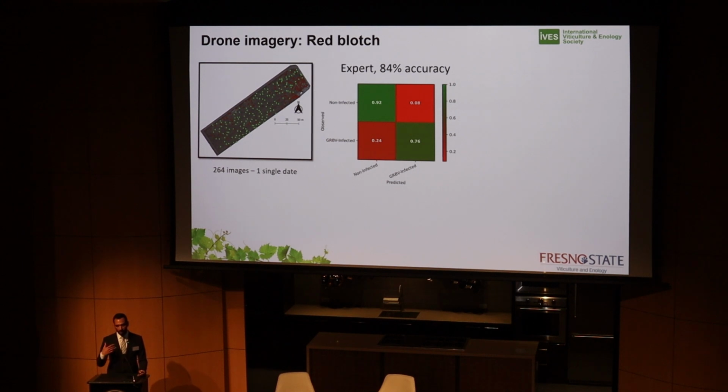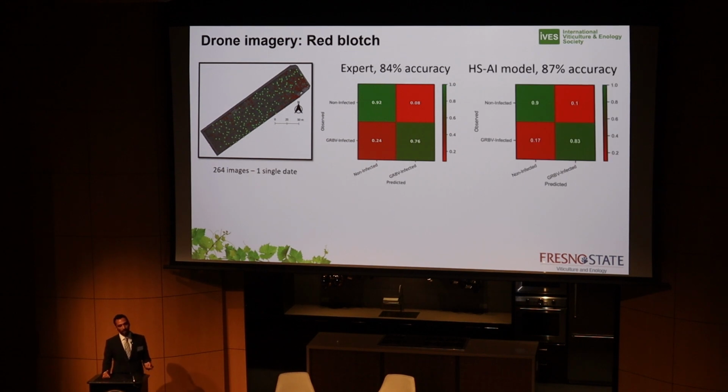So the expert visual assessment, the standard in the industry, is 84% in this particular vineyard, with 0.92% of false negative, 76% of true positive, and 8% of plants that are predicted as infected but are not infected, and 24% of not infected that are predicted as infected.